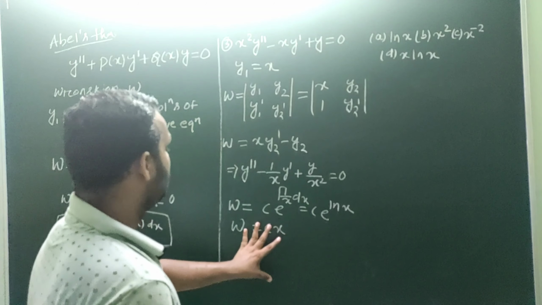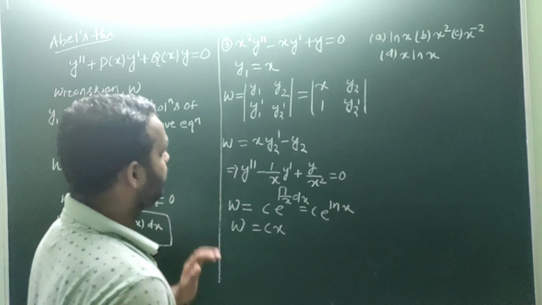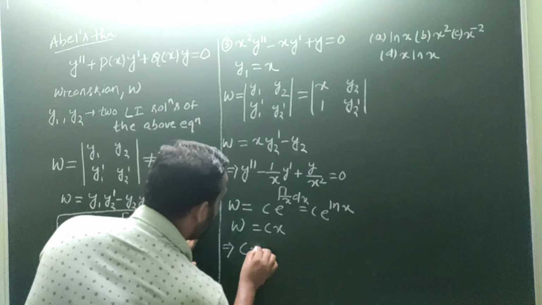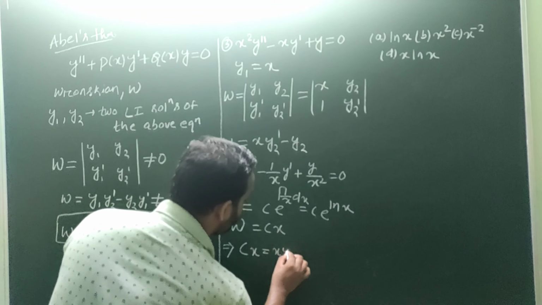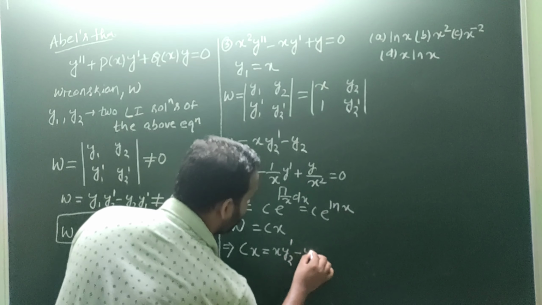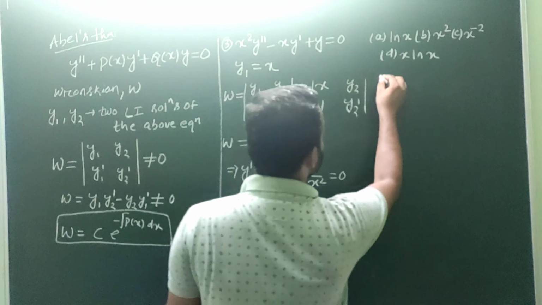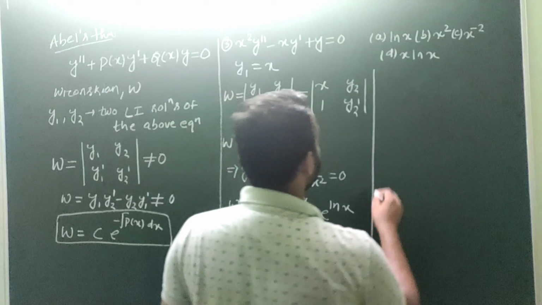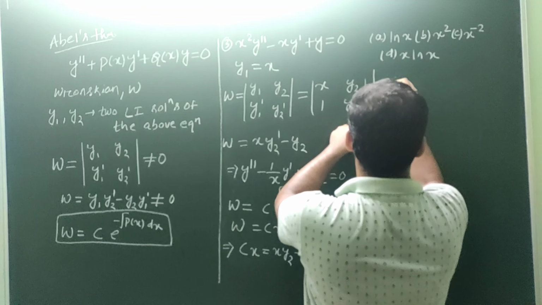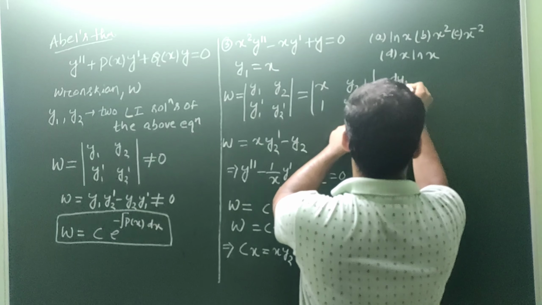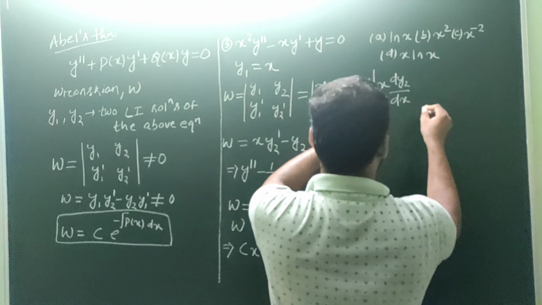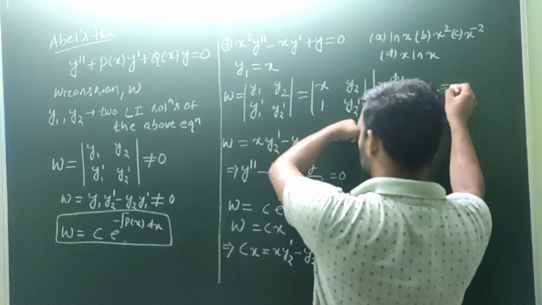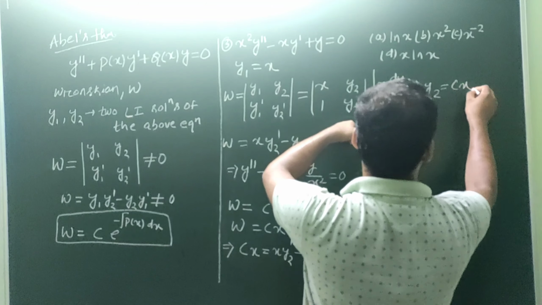Now take this value and put it here. Finally, you will get Cx is equal to x y2 prime minus y2. Now you can see here x dy2 by dx minus y2 is equal to Cx.